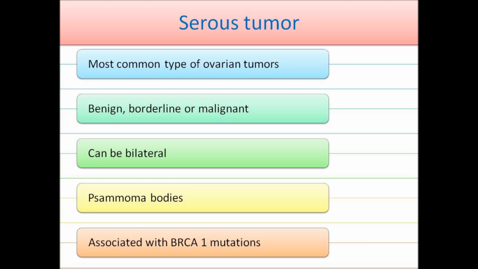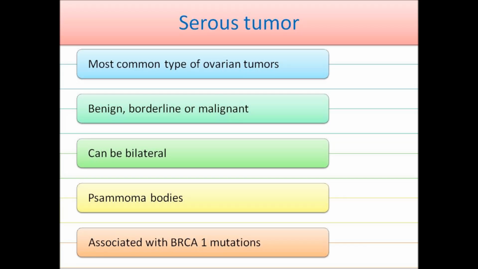We have the benign tumors, we have the borderline, and the malignant tumor. The benign tumor is usually a cyst that is made up of a single layer, whereas the malignant tumor is a cyst made up of multiple layers and also can be solid.